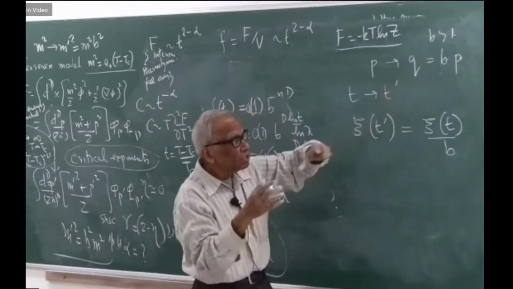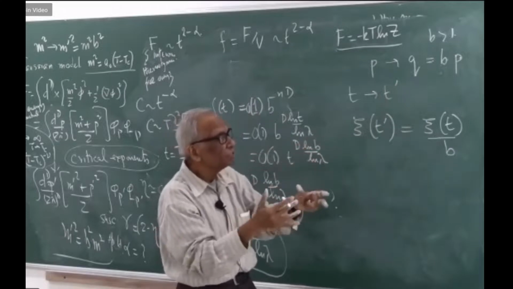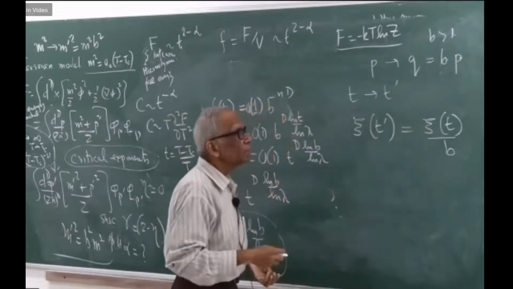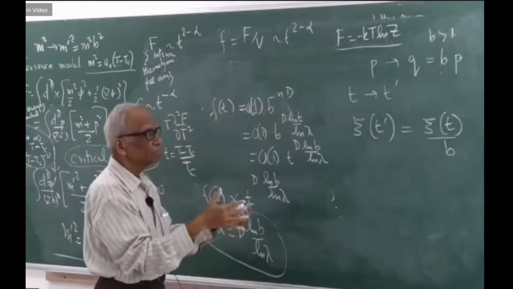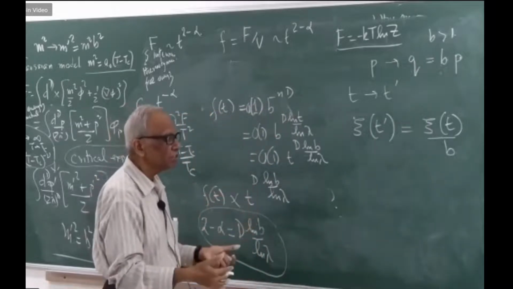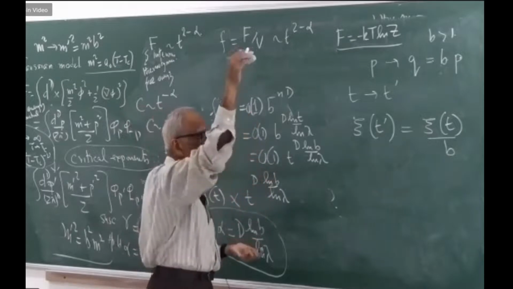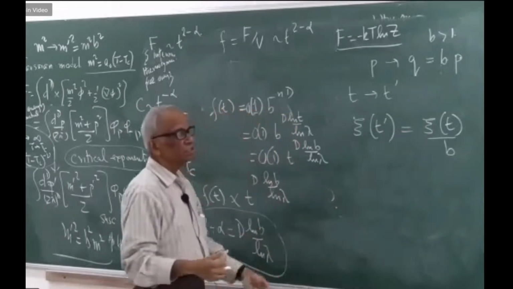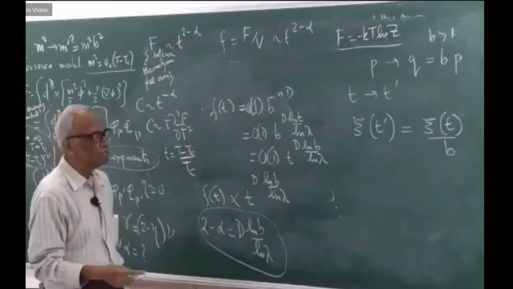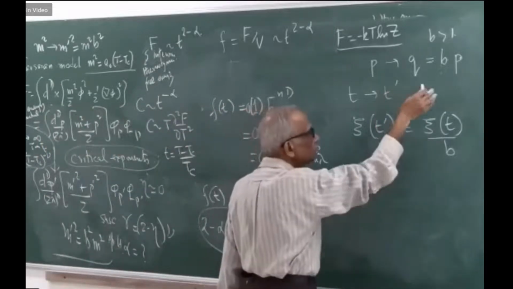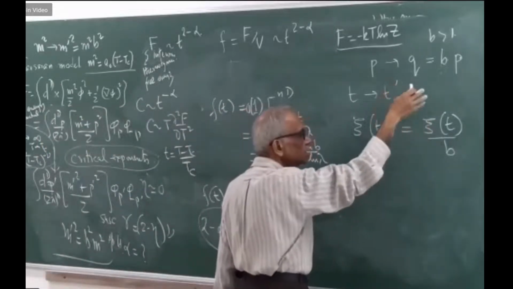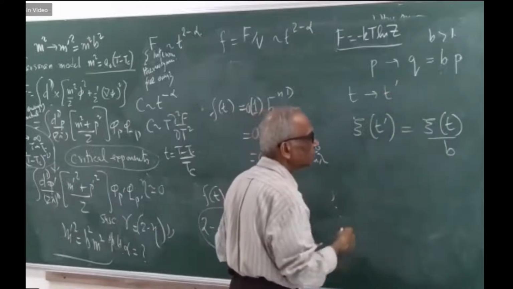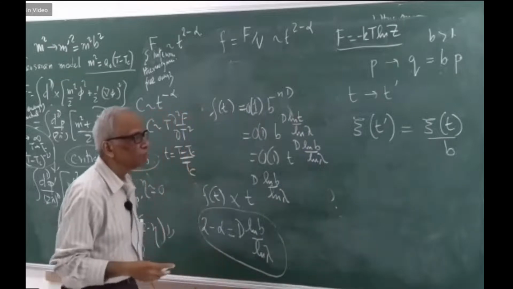The measure of the momenta increases by a factor of b, the measure of the length decreases by a factor of b, and therefore the unit is what is getting bigger, and the measured length is becoming smaller.